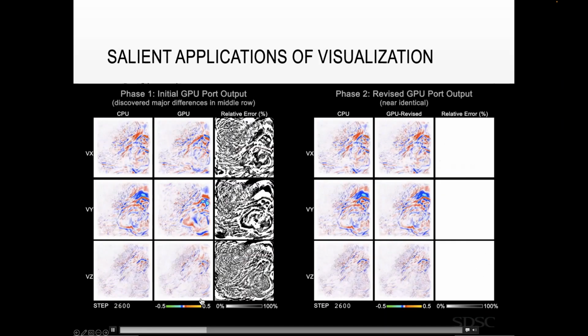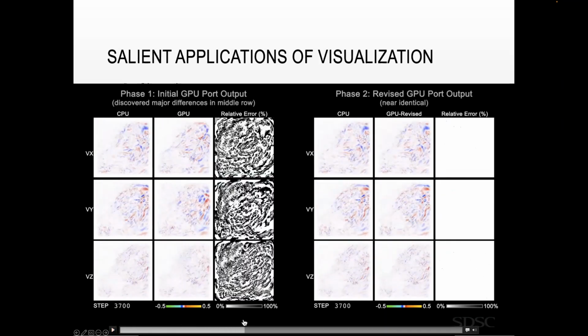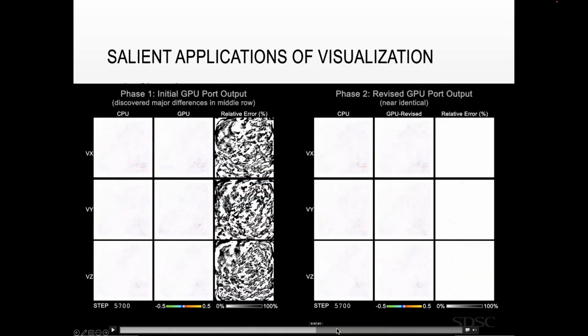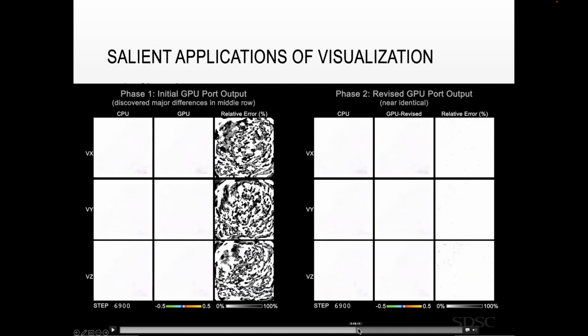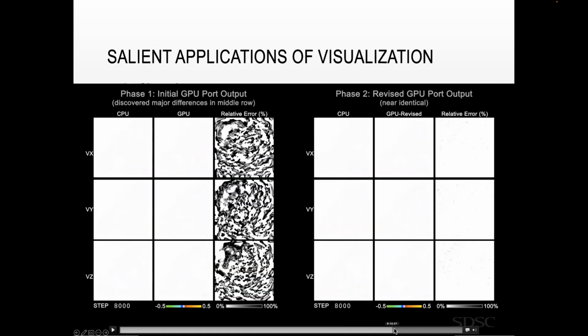Now you can see, if you pause at any point, that the CPU and GPU simulations look quite similar. There are very few artifacts appearing in the relative errors, though there will be some. That's due to the fact that the CPU and GPU architectures are inherently different.